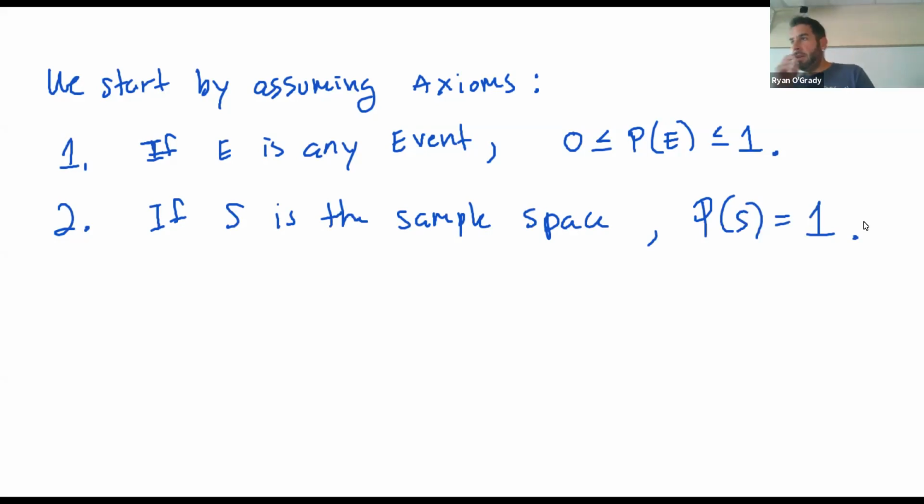Now, this is a fancy way of writing something, so it's nice to write this in English so that you have an understanding of what we're doing here. Basically, this says at least one of the outcomes must occur.